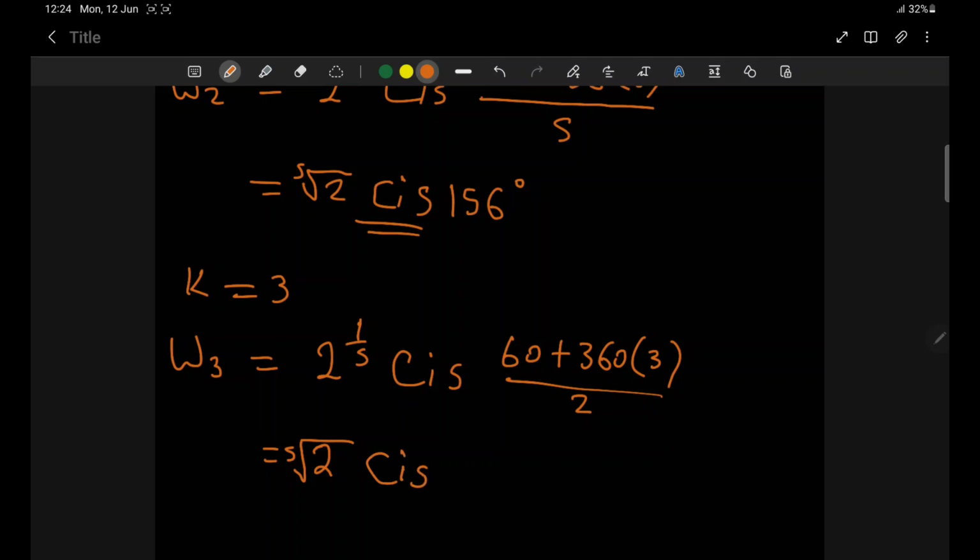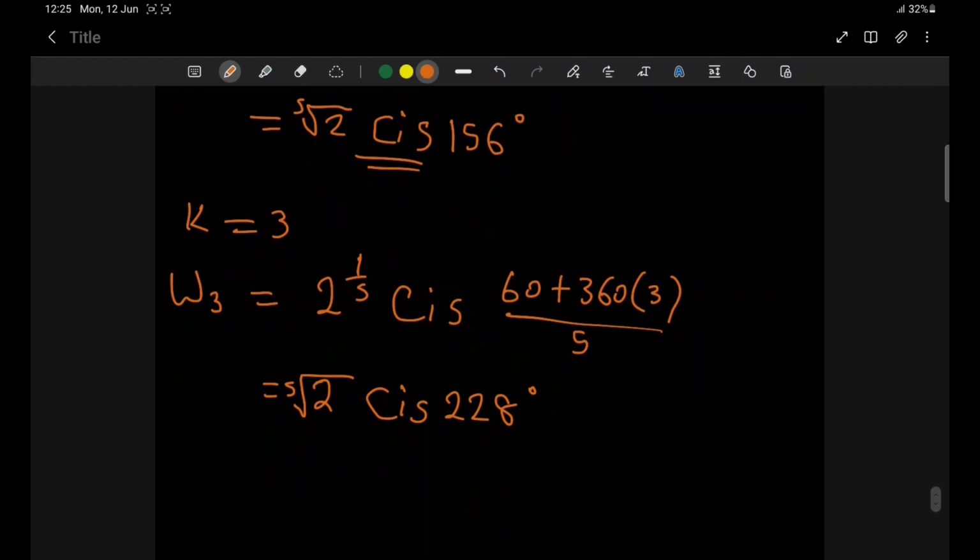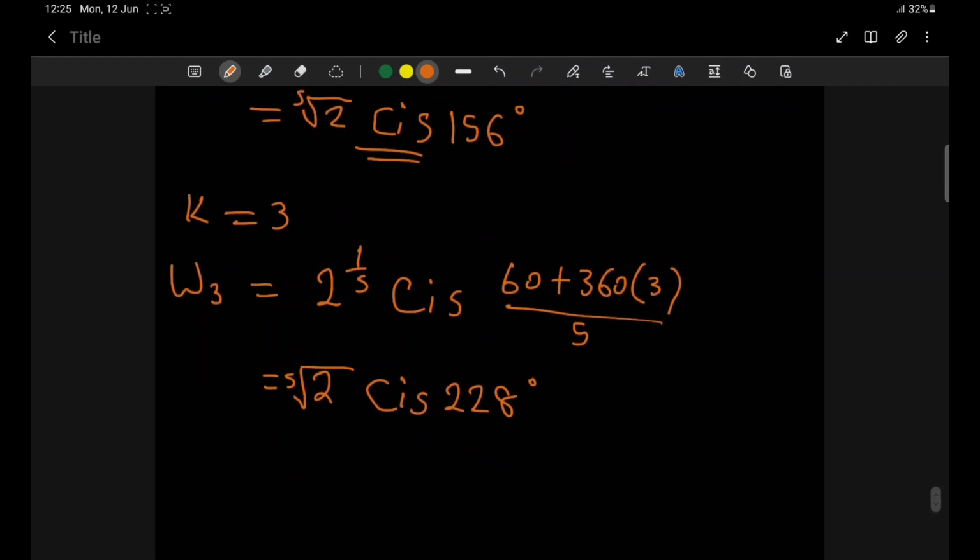So 360 times 3 will give us 1080 plus 60 will give us 1140. Then we're dividing by n, which is 5. So dividing by 5 will give us 228 degrees. So this is our fourth root, sorry, not the third.